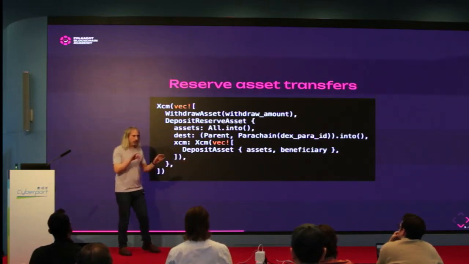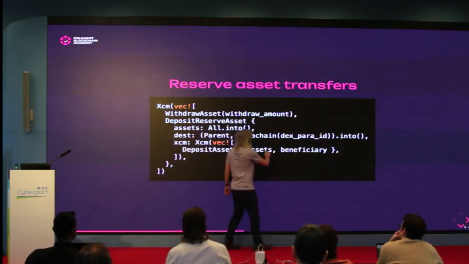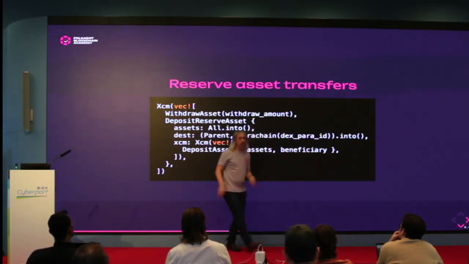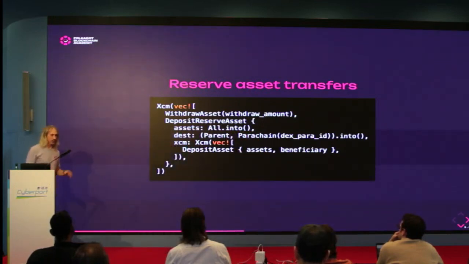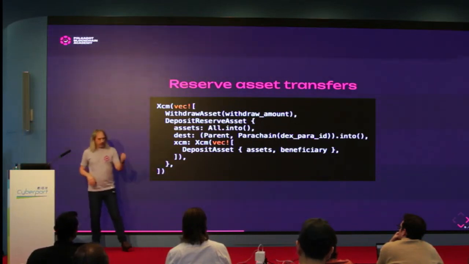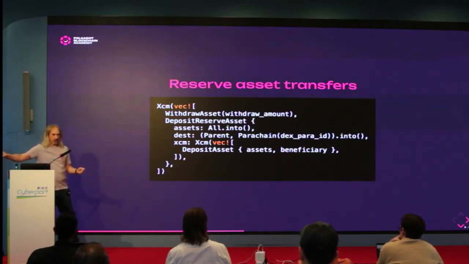Once you've issued me the derivative, what I want you to do is deposit the asset into some beneficiary account on your chain. Now, this isn't doing what it is that we want to do, right? This is the first step. This is just to show you a simple way of, basically, if you're on the reserve chain, getting one of these wrapped assets out of the chain and onto a destination chain, right?